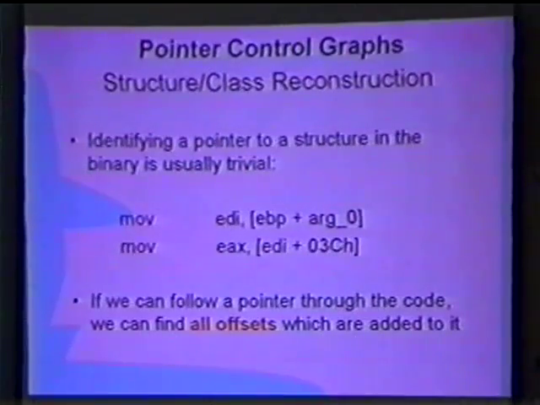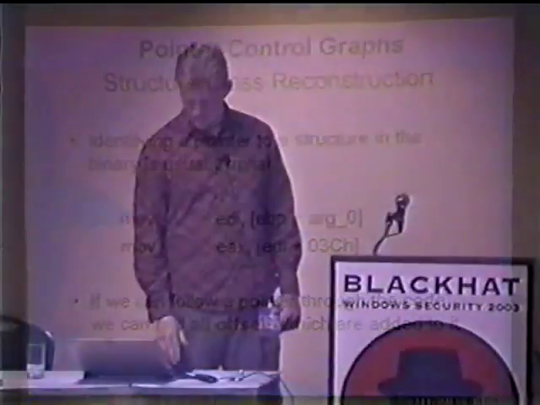So whenever you see a positive offset from a pointer, you most likely have some kind of structure. The only thing you need to do is identify a pointer and then follow it wherever it goes, which is the more work-intensive part. But if you follow it to all the locations in the program where a bit of code has control of this pointer, and then identify all positive offsets from this pointer, you have a relatively accurate representation of what the structure would have looked like.